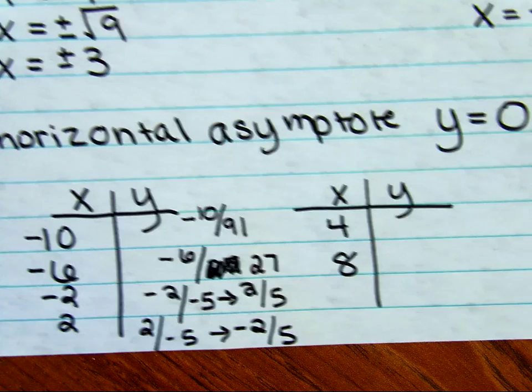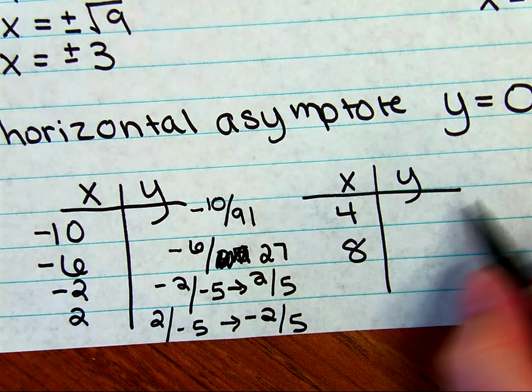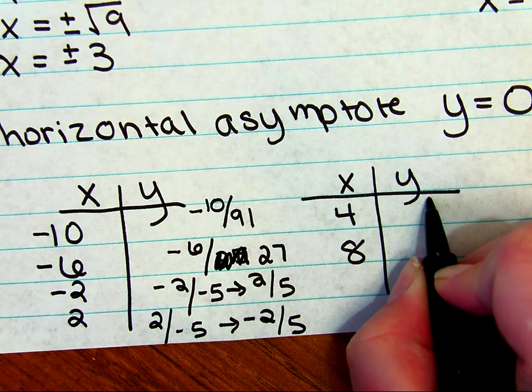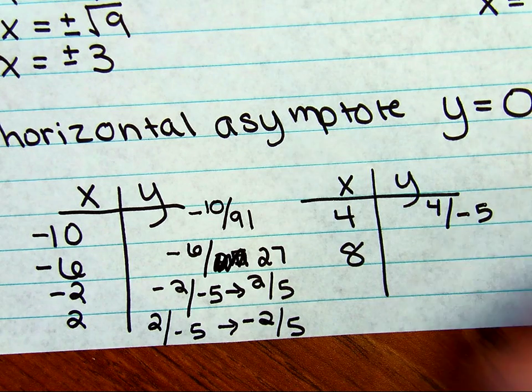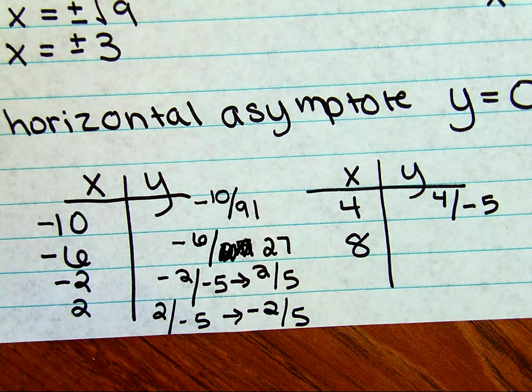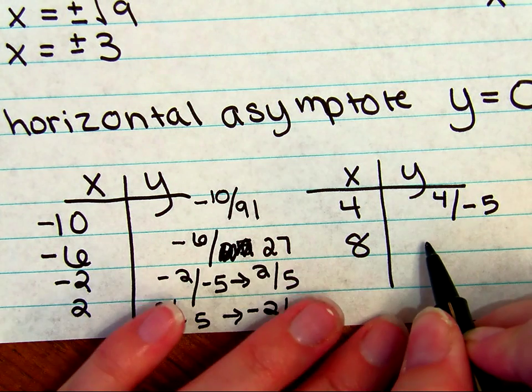Then 4. I've got 8 squared, which is 64 minus 9, so we've got 8 over 55.